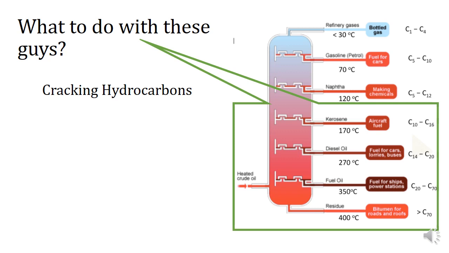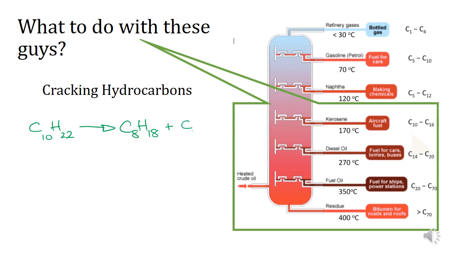So for example, if I had C10H22, so decane, I can actually break that down into octane. So 8 times 2 is 16, plus 2 is 18, plus, let's look at my decane.